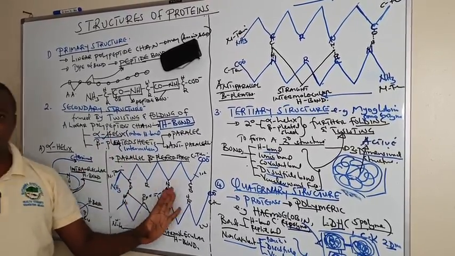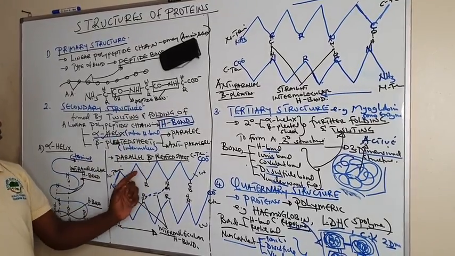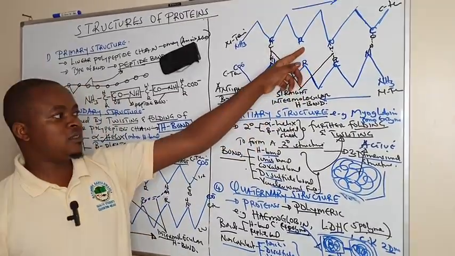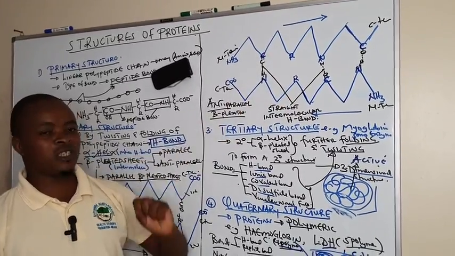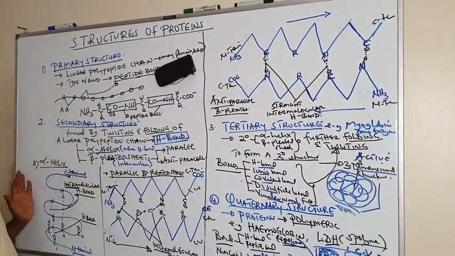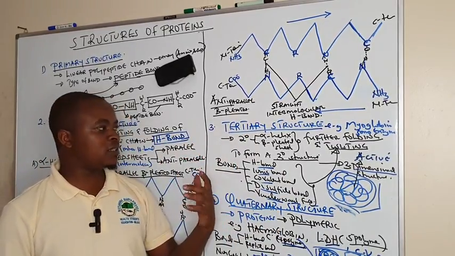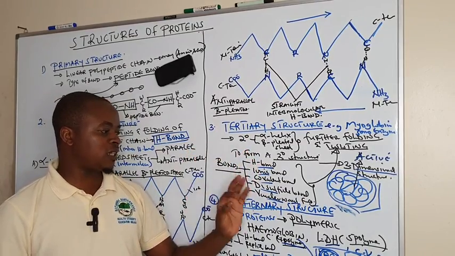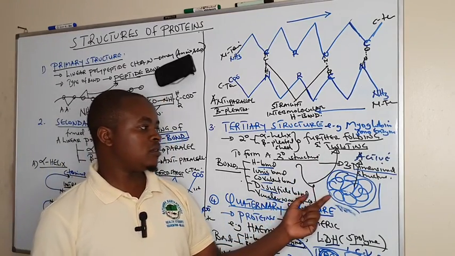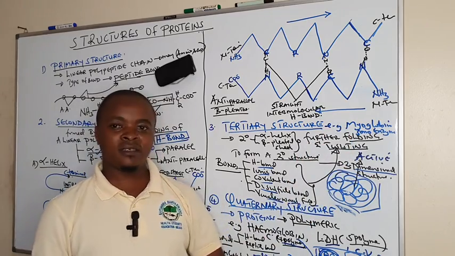This hydrogen bond can either be intramolecular, as in the alpha helix, or intermolecular, as in the parallel beta pleated sheets, which form stable intermolecular hydrogen bonds. Then if these secondary structures undergo further folding and twisting due to hydrogen bonds, ionic interactions, and disulfide bridges, we form a catalytically active protein, which is a 3-dimensional structure. Examples we have given are myoglobin and some enzymes.